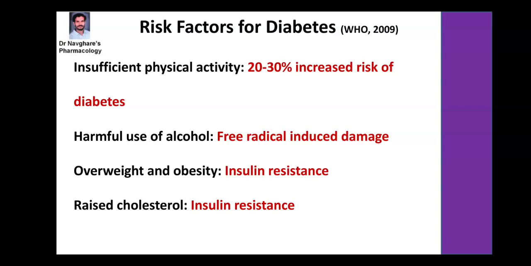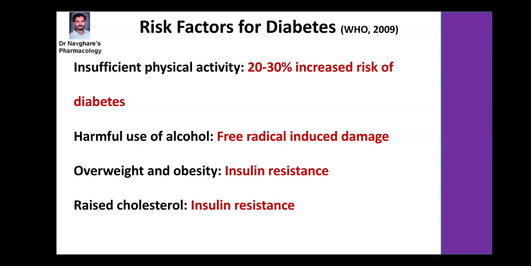Those who don't do physical activity, walking, running, yoga, at least people are supposed to give 30 minutes of their daily time for physical exercise, that reduces chances of development of diabetes.